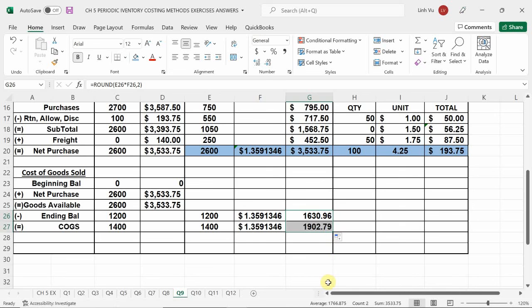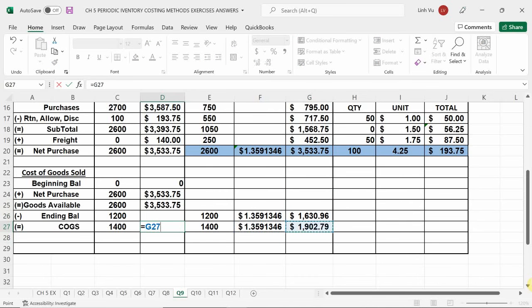And if I apply that same formula to this one, if I did 1,400 times that 1.3591346, I would get 1902.79. So in this case, much easier to calculate. Okay, and if my cost of goods sold is going to be that 1902, right? And my ending should be this minus each other, they end up panning out the same amount.